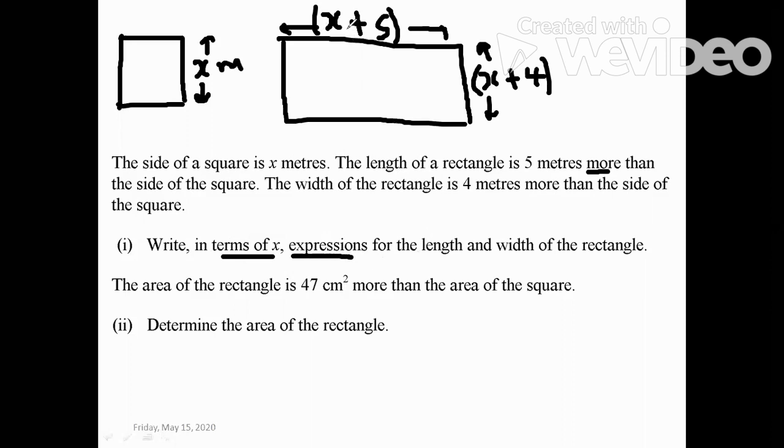Okay, so we have done it already. So the length is x plus 5 and the width is x plus 4. It says the area of the rectangle is 47 centimeters square more than the area of the square. Let me say it again. The area of the rectangle is 47 centimeters square more than the area of the square.